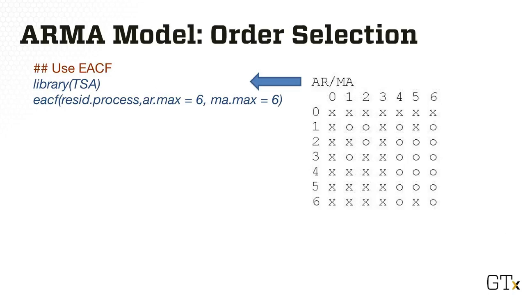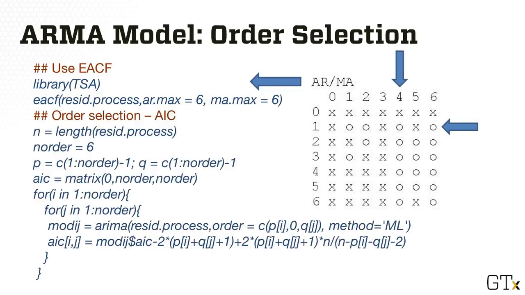The first 0 is for AR order 1 and MA order 1, but there are other MA orders for AR order 1 for which there are non-zero EACF values, and there are other AR orders for MA order 1 for which there are non-zero EACF values. After AR order 4 and MA order 1, we see all other EACF values are 0 except for 2 cases. There is not a conclusive order selection using EACF.